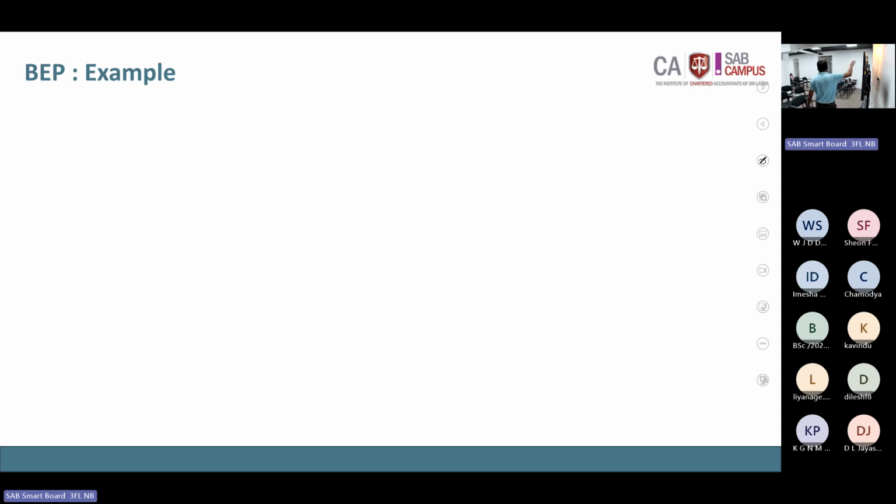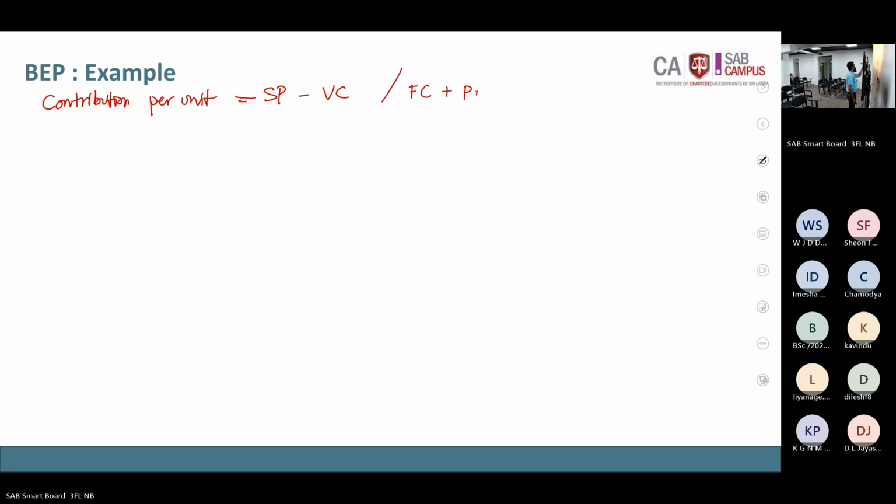Now you can see if we make any errors in the first calculation, the calculation of contribution, the entire calculation will be wrong. Right? So first step, we need to identify the contribution. Contribution per unit is selling price minus variable cost, or we can add the fixed cost and profit.